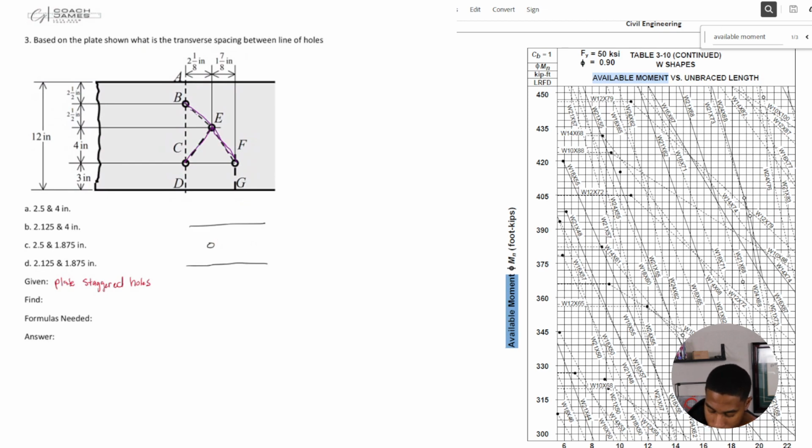It's all in the same straight line, so it's not staggered. Staggered means it's just kind of going zigzag. So we know that they're staggered, and it's a plate we're looking at.